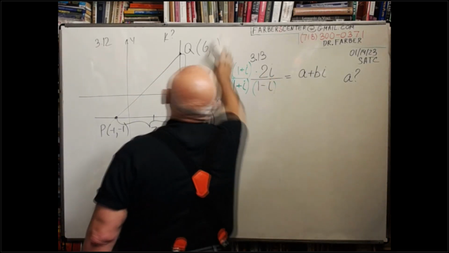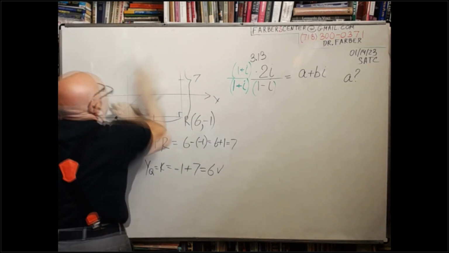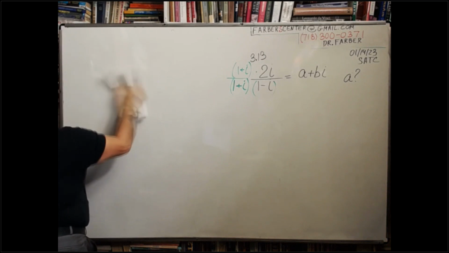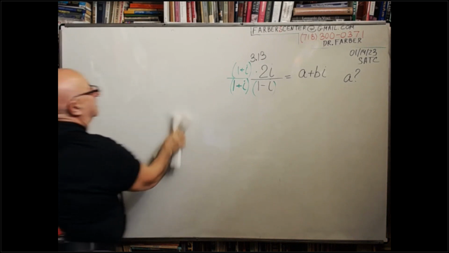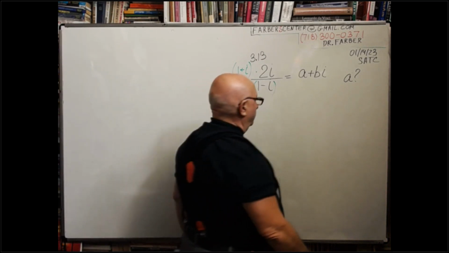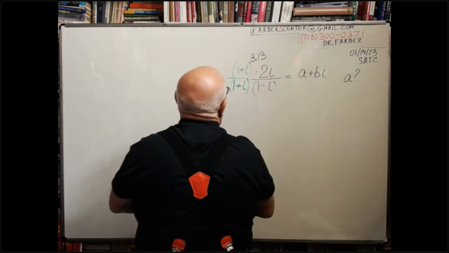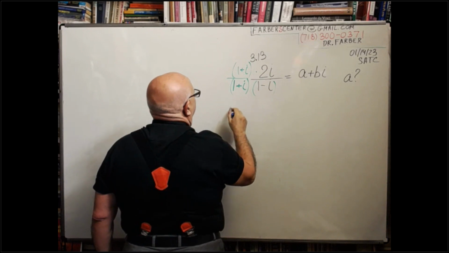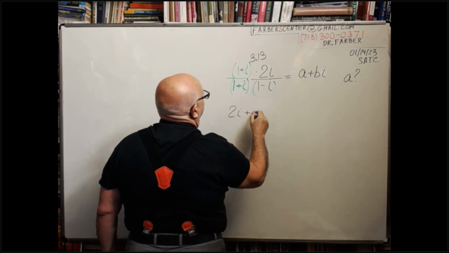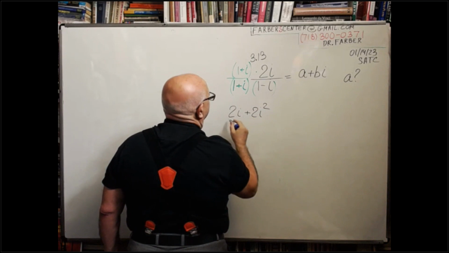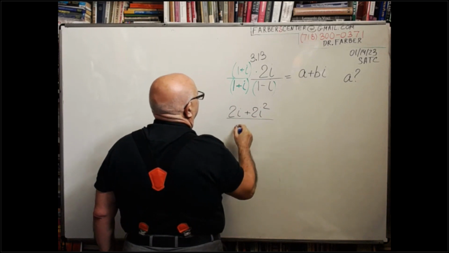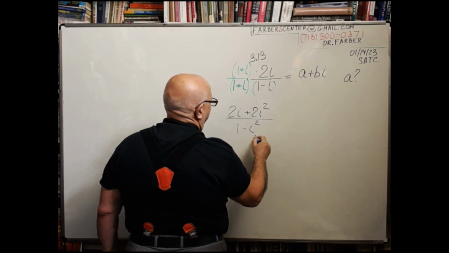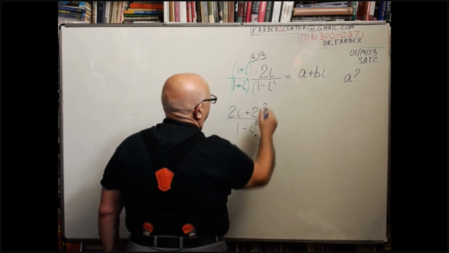Let me write this one. We started with a special chapter, complex numbers, remember? Review it at home. So in the numerator we have 2i plus 2i squared, divided by 1 minus i squared. Keep in mind, i squared is -1.